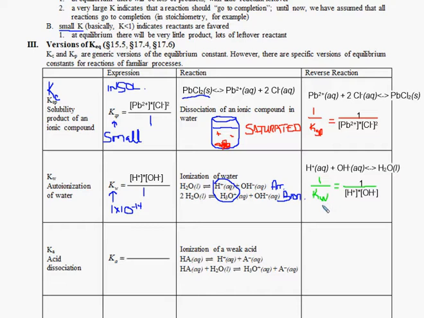So that means that instead of having a tiny 1 times 10 to the negative 14th value, we now have the inverse of that, a 1 times 10 to the 14th value. This is again why anytime you put a strong acid with a strong base, you are automatically always going to end up forming water because of such a large K value.